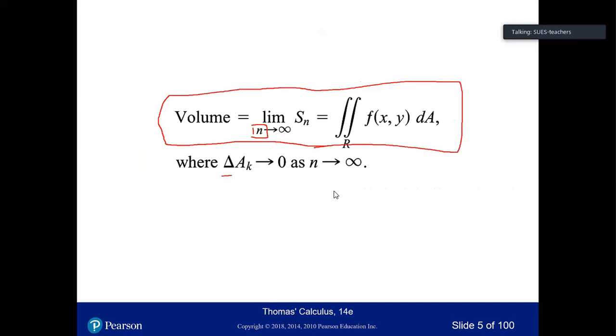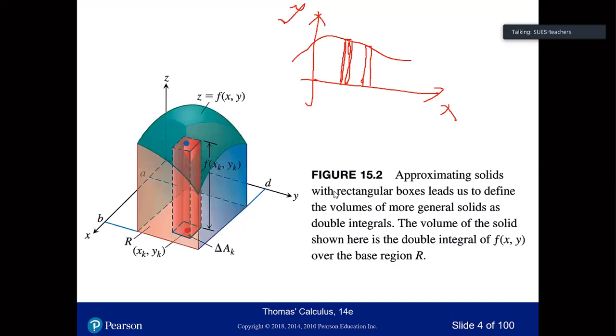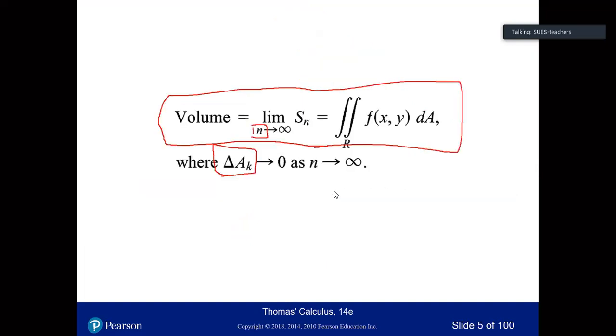The delta A_k is just this small rectangle. If you make the small rectangle or small square really small, then the number of rectangles becomes big enough.